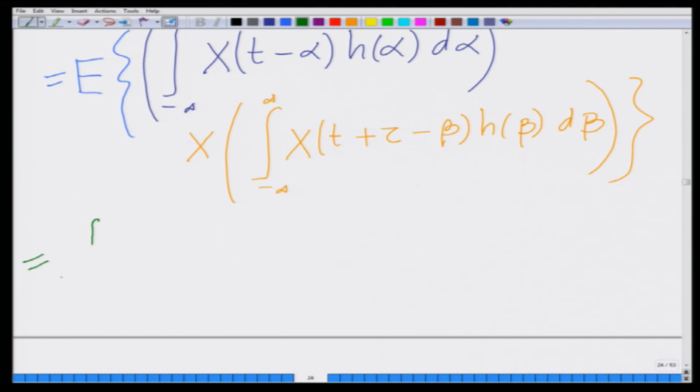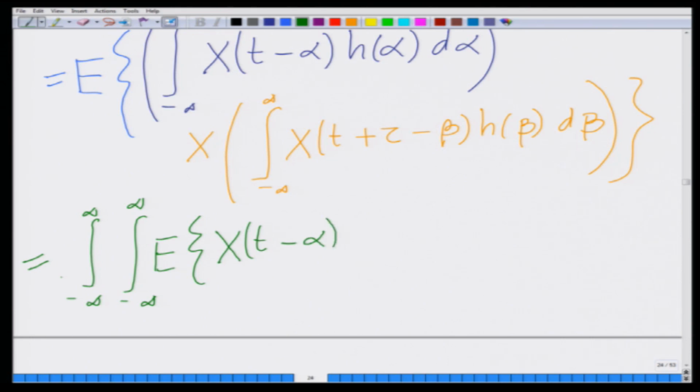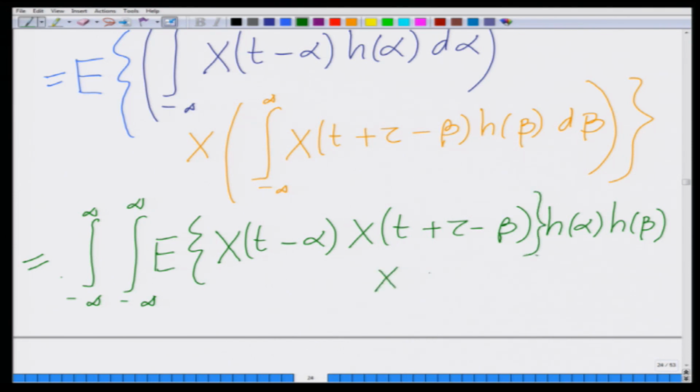So, I have the double integral from minus infinity to infinity of the expected value of x of t minus alpha times x of t plus tau minus beta, into h of alpha into h of beta, d alpha d beta.